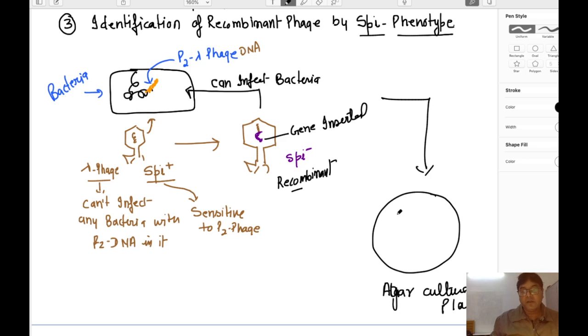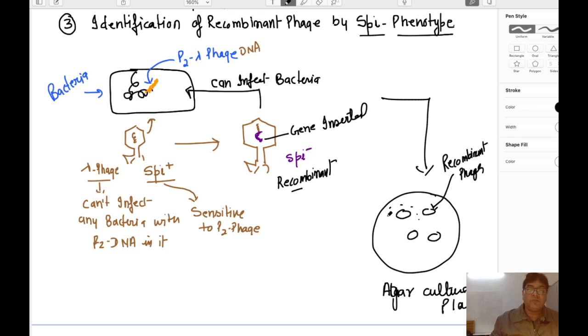What do we notice here? That the plaques where the phages are multiplying, these are recombinant phages.